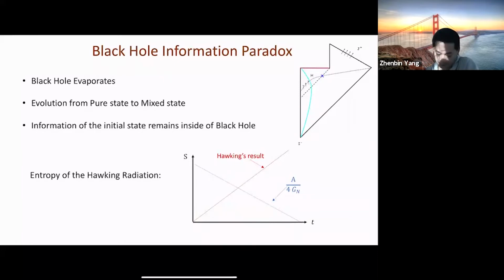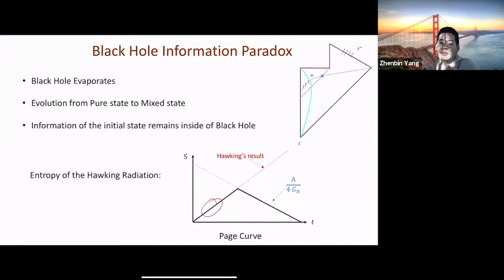So in order to be consistent with the central dogma, Don Page famously argued that the actual behavior of the von Neumann entropy of the radiation should obey the Page curve. At early times, the radiation system is smaller than the black hole system, so it can get as much entanglement as it can.